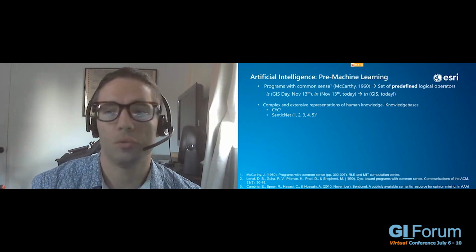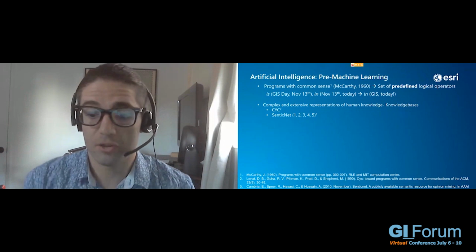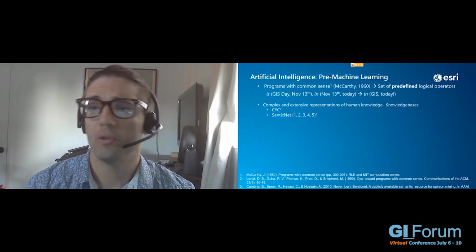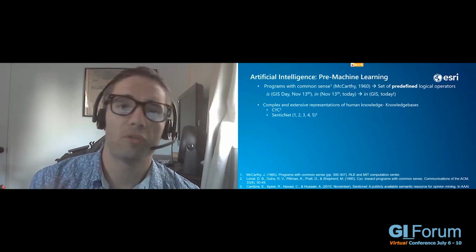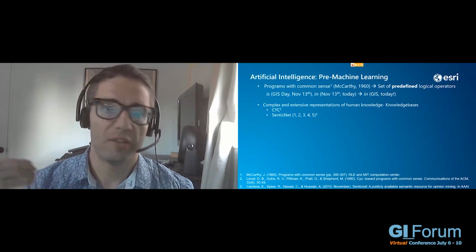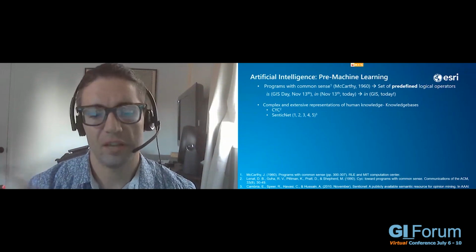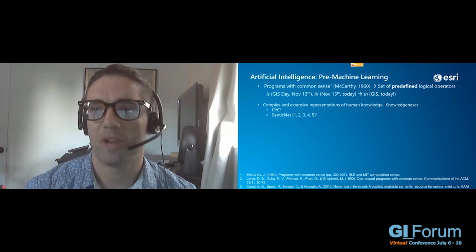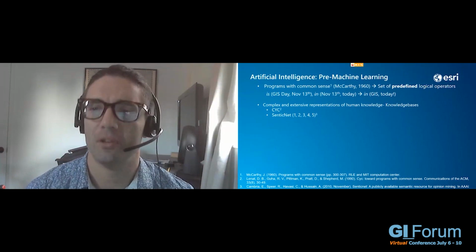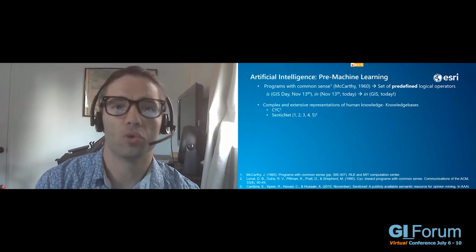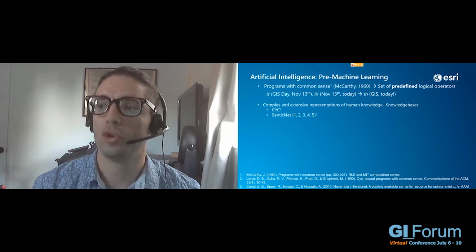For example, if you would like to predict extreme weather events, instead of finding patterns in the data, you define the rules yourself. You will say that if temperature is above this level, if this is the vorticity level, if this is humidity, then tag this particular raster cell as an extreme weather event. So here, the human is defining all the rules, and these rules are contained in these so-called knowledge bases.